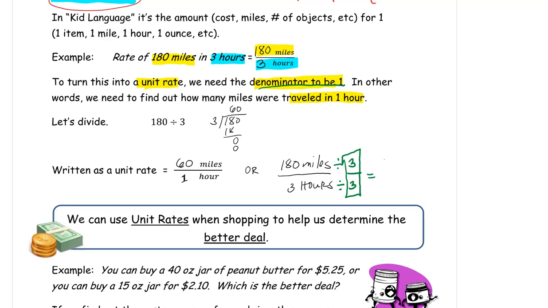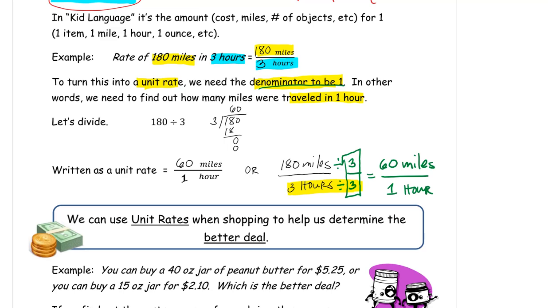So therefore, this gives you 60 miles per 1 hour. Again, to make the denominator equal to 1, what you did there is just divide by the same number. So if this is 3 hours, just divide that one by 3.